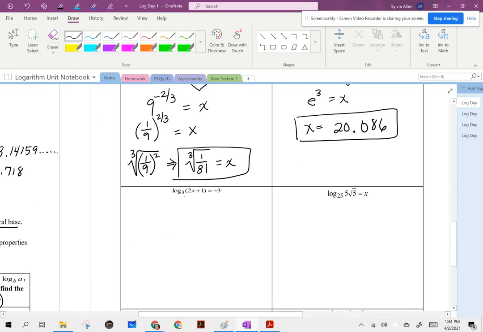All right, so here we got 3 to the -3 power is equal to 2x plus 1. So I've got 1 over 3 to the third power. I get 1 over 3 to the third power is 1/27. 2x plus 1, we're just going to solve using our algebra here.